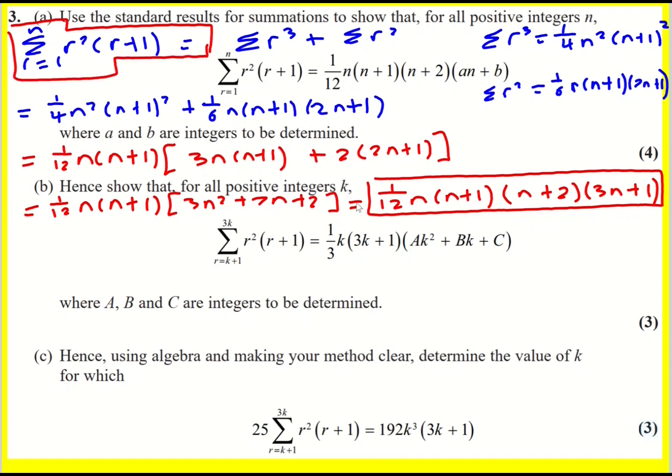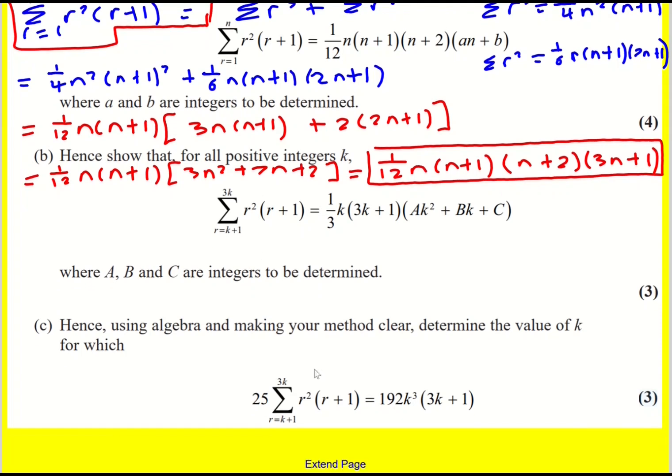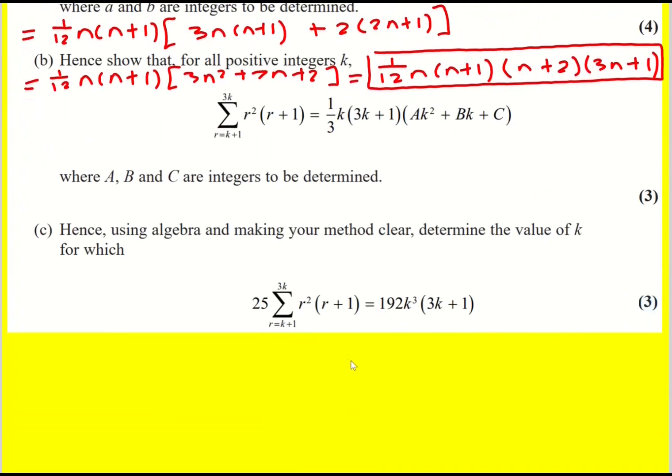Hence show that for all positive integers k, the summation on the left is this. Okay, well, note, we're now no longer summing from 1 to n. It's actually r equals k plus 1 to 3k.